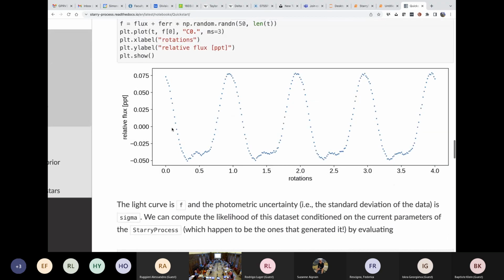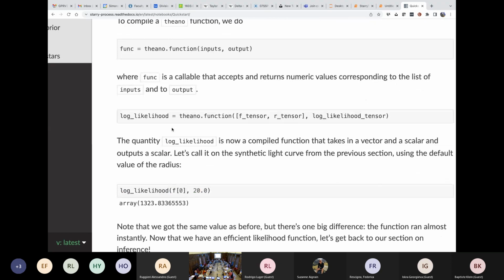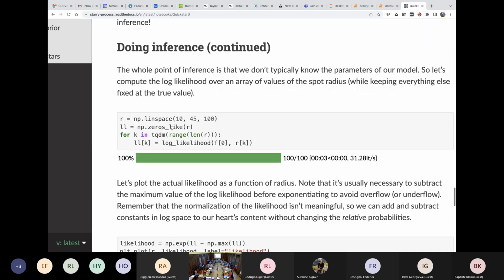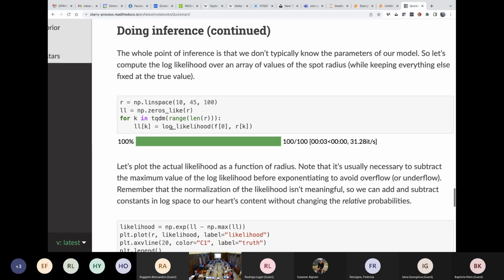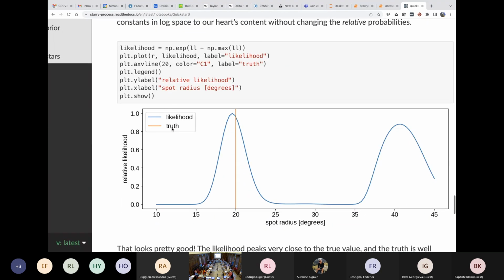And so here, this is a light curve. We compile the function. I'm going through this very fast and I apologize. It's in the tutorial. The inference you're going to do is in those parameters, like what latitude the spot is. And so here's just inference in 1D, where I can just do a for loop. From that single light curve, I've learned something about the spot radius. There are degeneracies, but it's consistent with the truth.